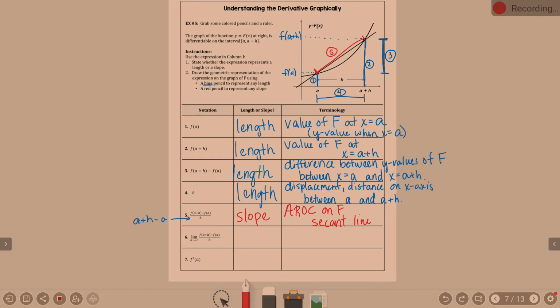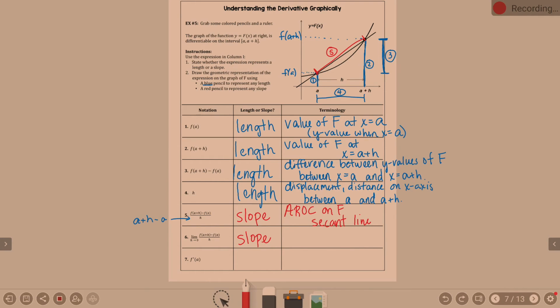Okay, 6. Limit as h approaches 0 of f of A plus H minus f of A all over H. What is that? It's a slope, yes. That is our formula for derivative. And derivative is the slope of the tangent line, right? So it's definitely a slope.